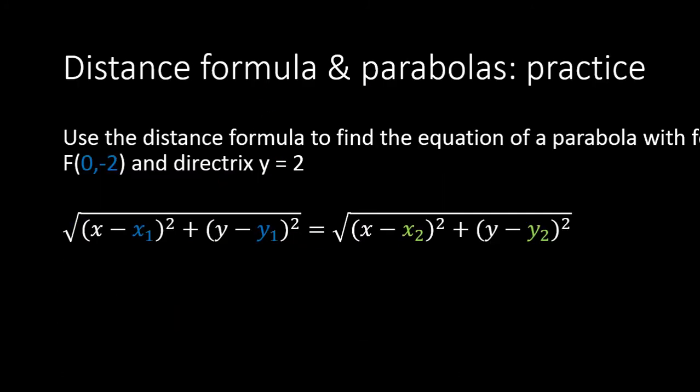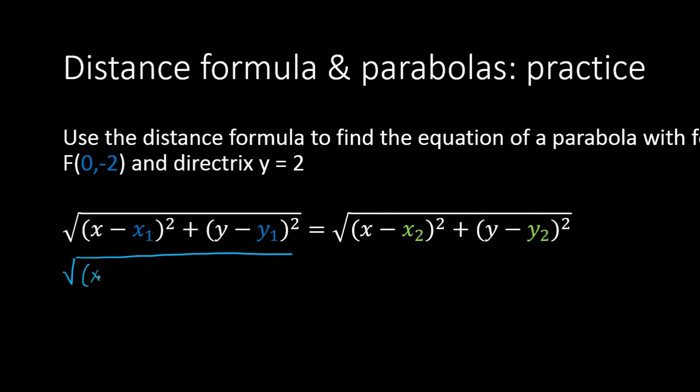Okay. We'll do the same thing here. Using the distance formula, we're going to write this equation. So this time I've got a focus of (0, -2) and a directrix y equals 2. Okay. So (0, -2), y equals 2. Let's start filling in values.